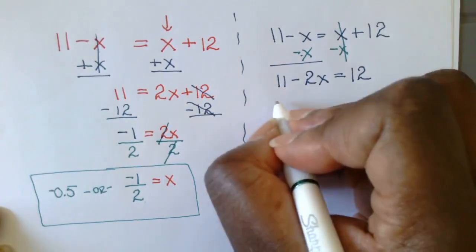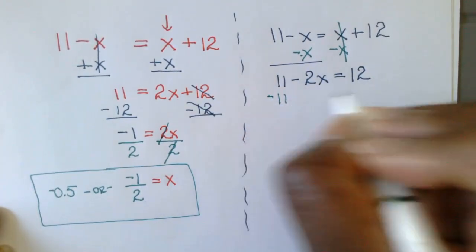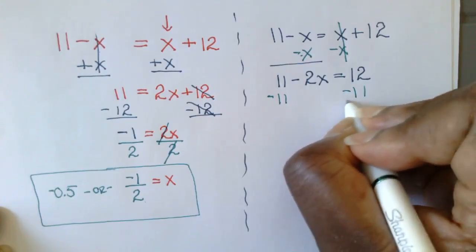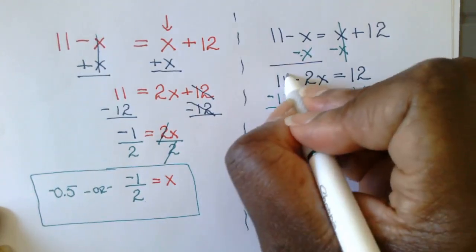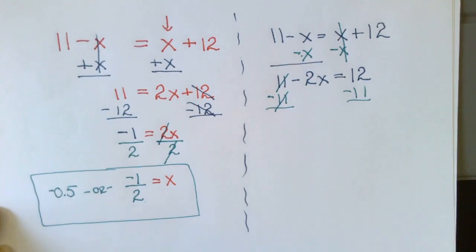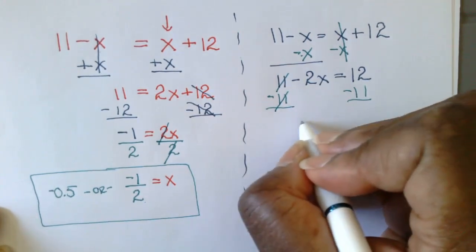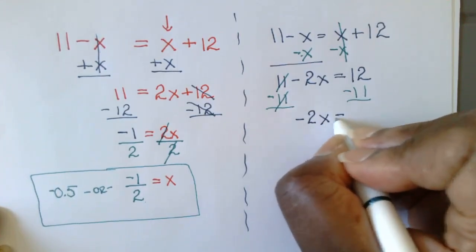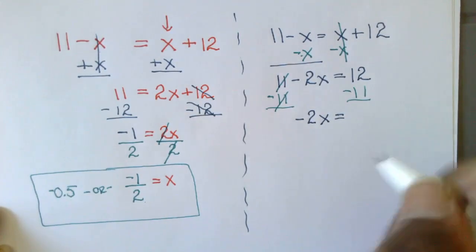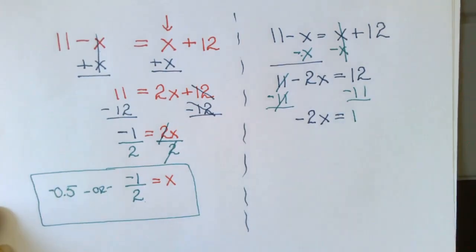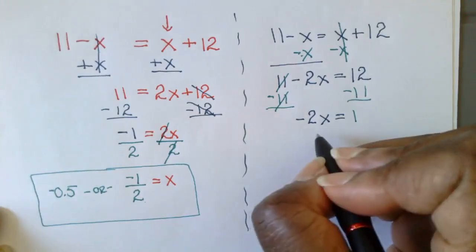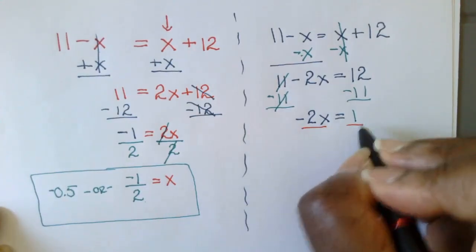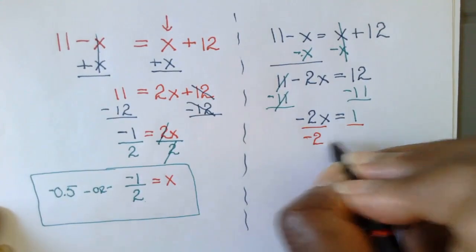So if I want to subtract 11, 11 minus 11 will give me 0. So I can bring down my negative 2x equals a positive 1.